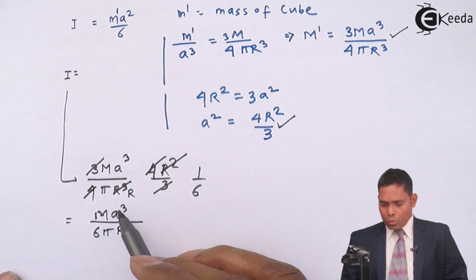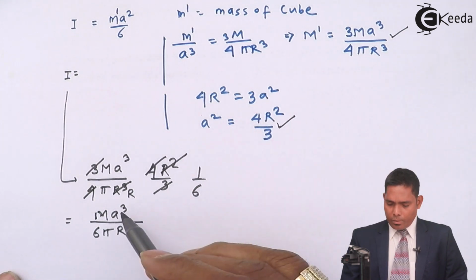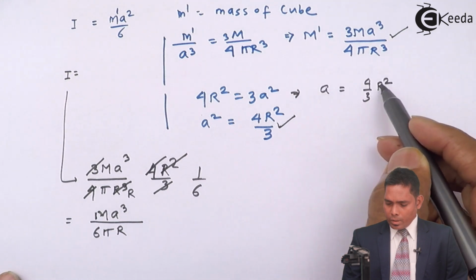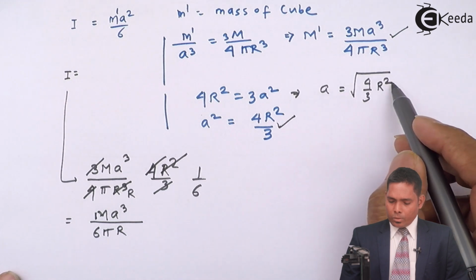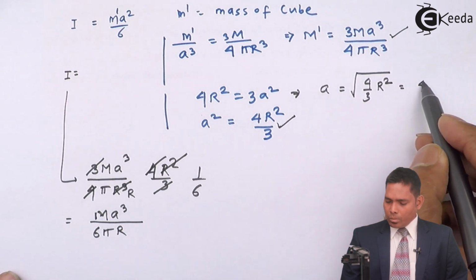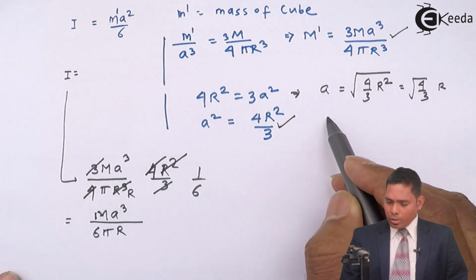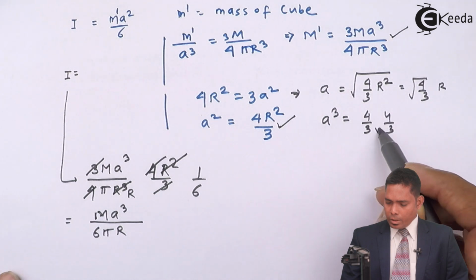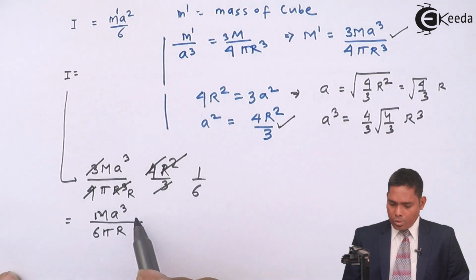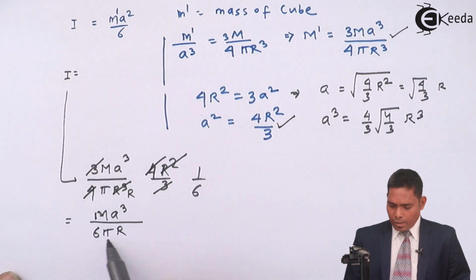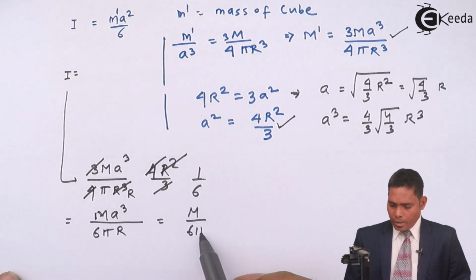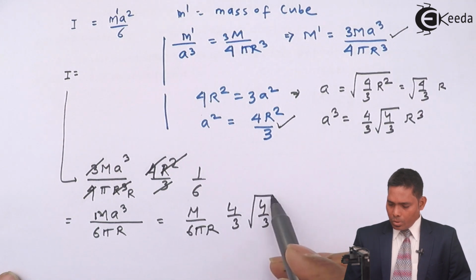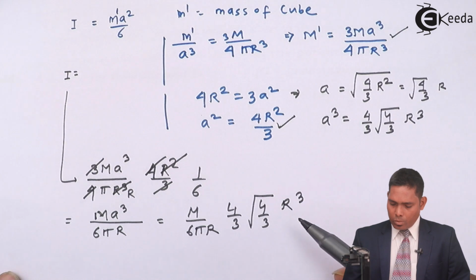Again I write a cube. From here, a equals root of 4 by 3 into r. So a cube will be root of 4 by 3 into r cube. Substitute this value here. I will get m upon 6 pi r, then root of 4 by 3 into r cube.